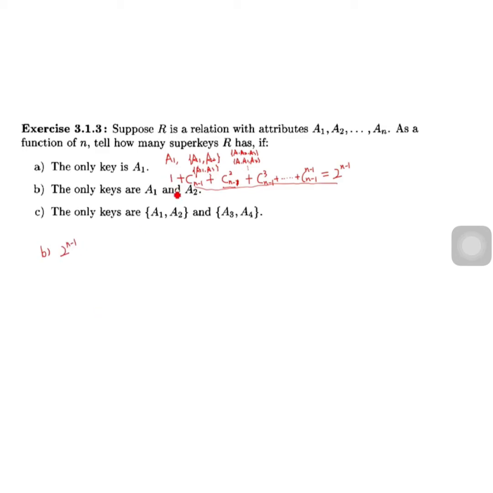And the number of superkeys including A2 is also this number.